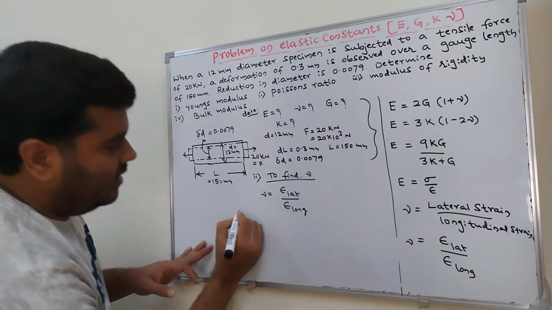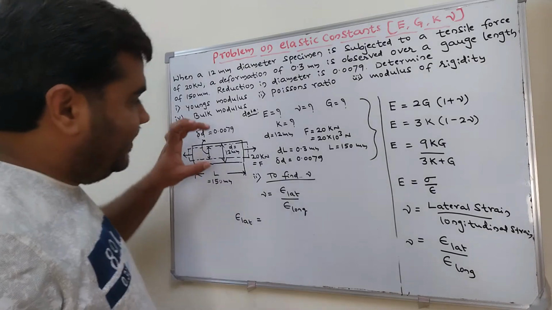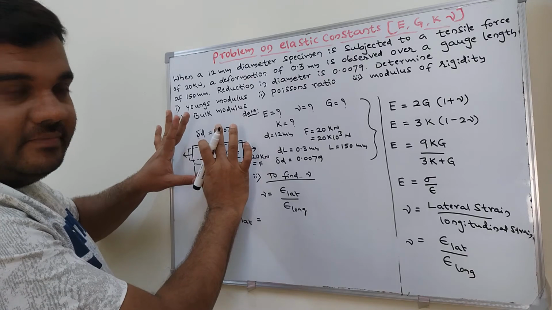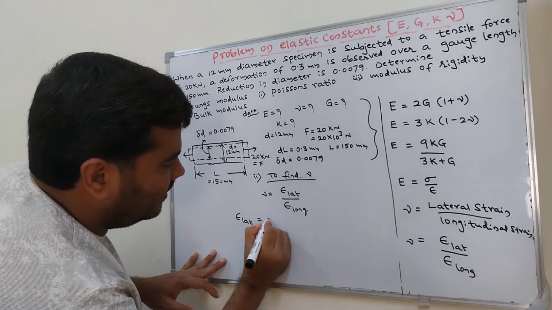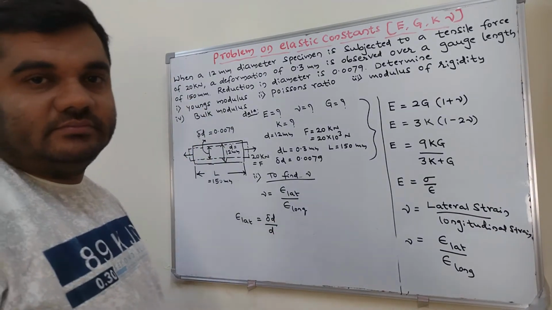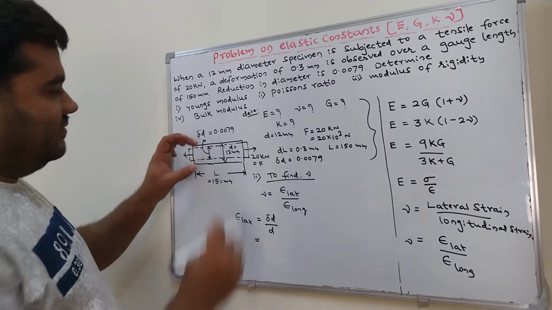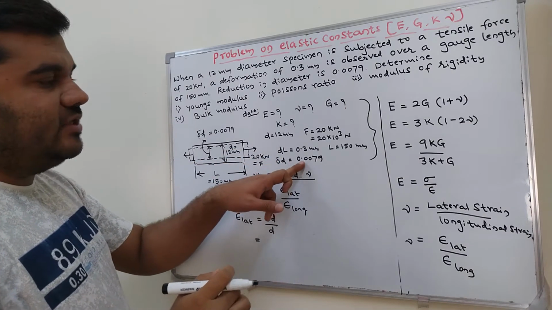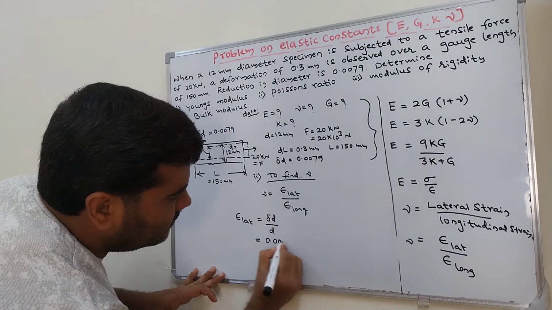Lateral strain. What is the general formula for lateral strain? Change in diameter divided by original diameter. How much change in diameter divided by original diameter? The change in diameter given after applying the load is 0.0079.